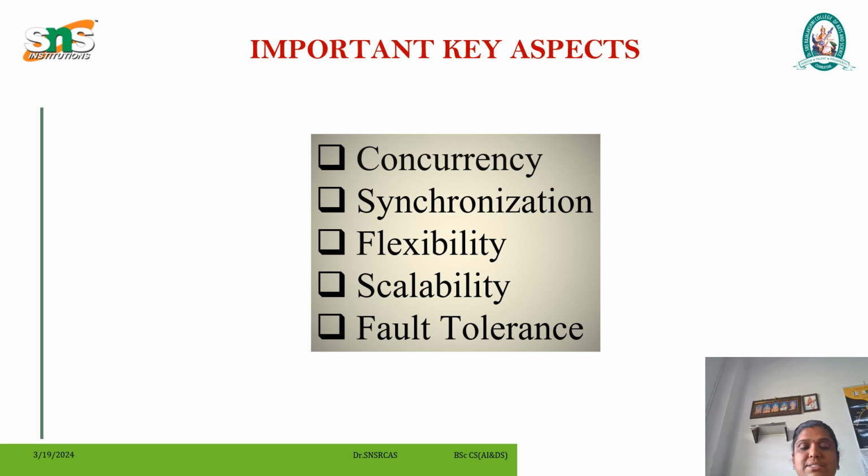This ensures consistency and correctness in the processing of data across the system. Flexibility. Data flow models offer flexibility in designing and implementing systems, as their graphical representation makes it easier to visualize data dependencies and parallelism in the system, facilitating understanding and maintenance of the system.